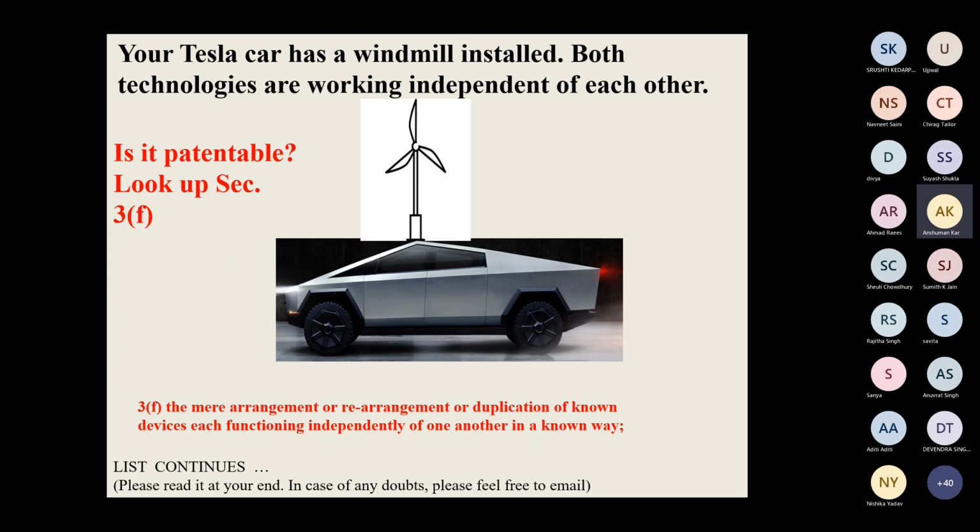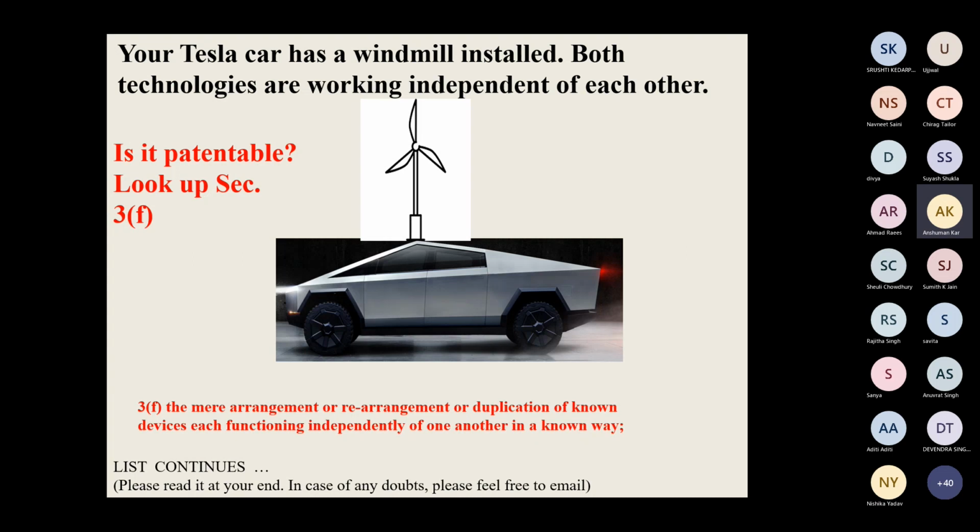The car is performing its own function, the windmill is performing its own function. We have just combined and arranged them. So this mere arrangement will not be patented unless it creates a different effect, bringing out some effects which are not obvious. But in this case, it is very obvious.